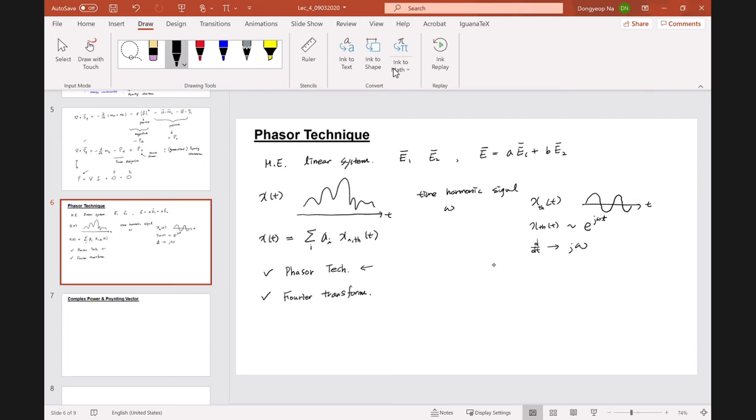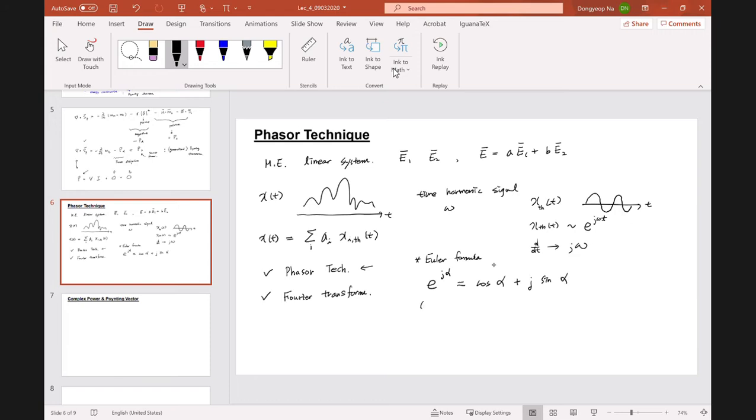Then I can start from Euler's formula. Euler's formula relates exponential j alpha, which is equal to cosine alpha plus j sine alpha, where alpha is an arbitrary real value.